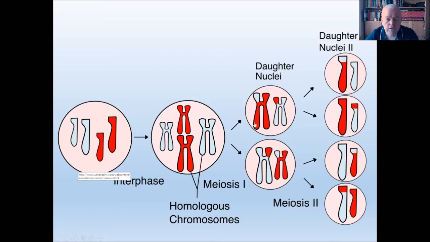At the end of that process, we independently segregate or independently assort those chromosomes, so that in the end we have 4 daughter cells, and each daughter cell has a haploid number of chromosomes. We've also got a degree of variation because of independent assortment, the maternal and paternal chromosomes separating, and our crossing over.